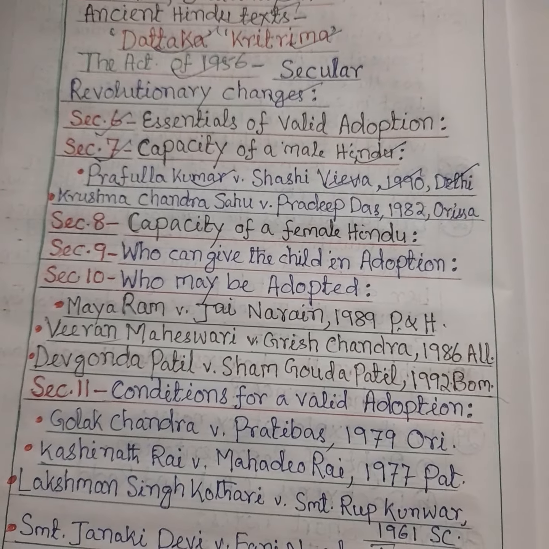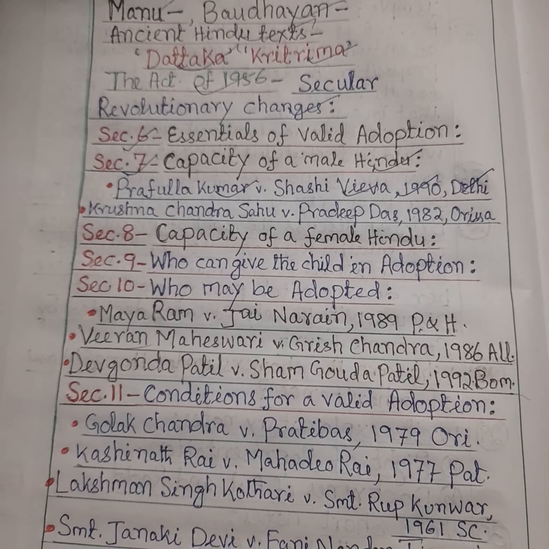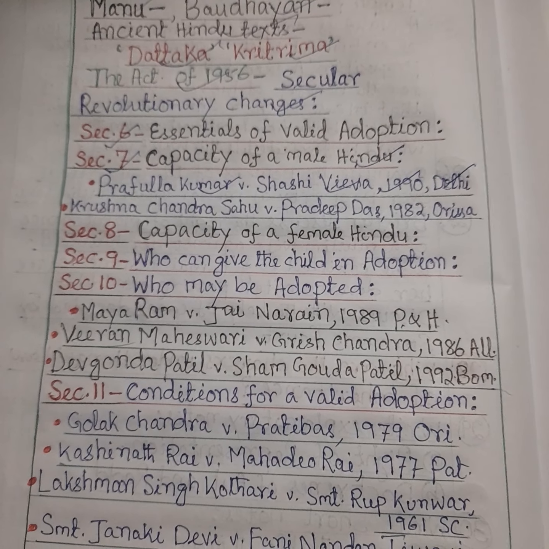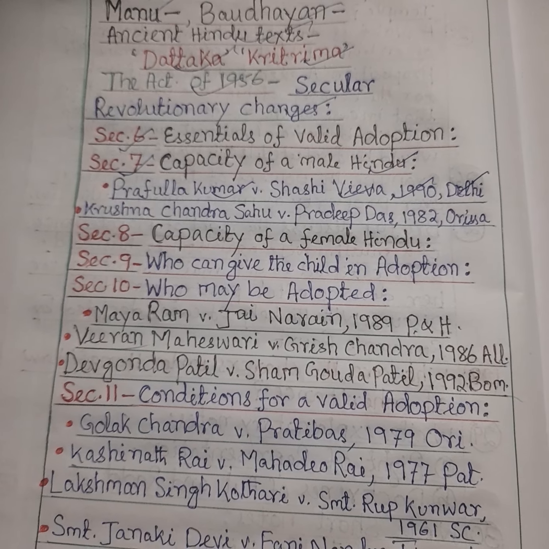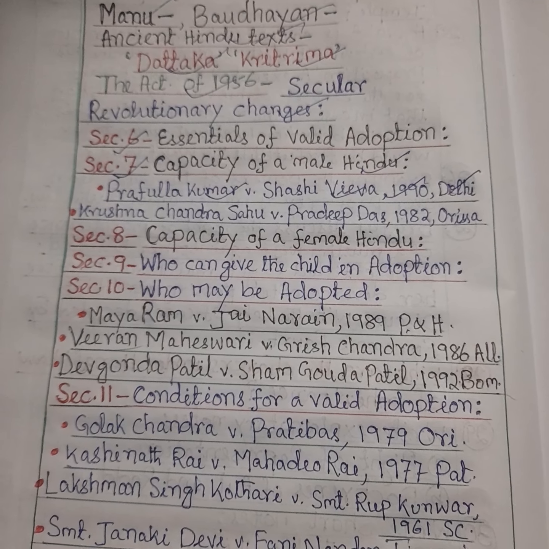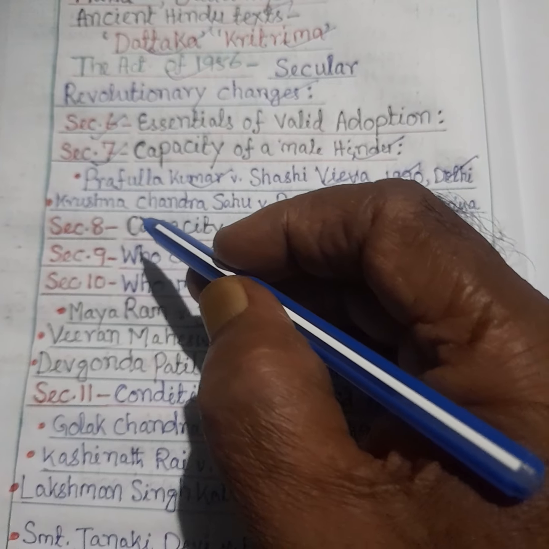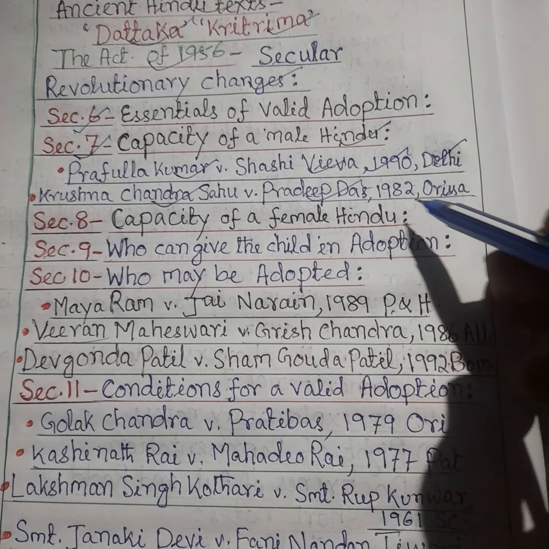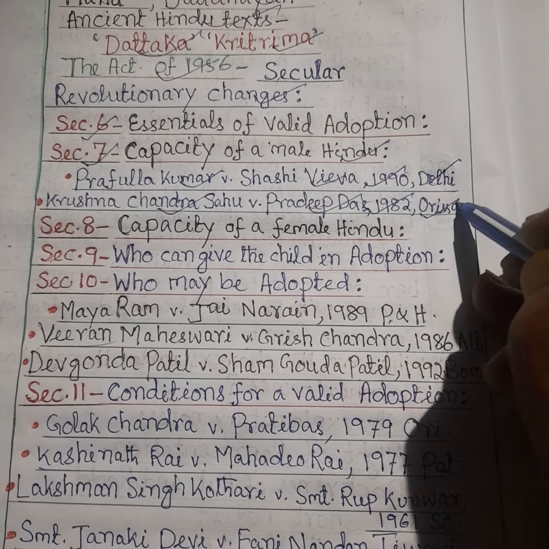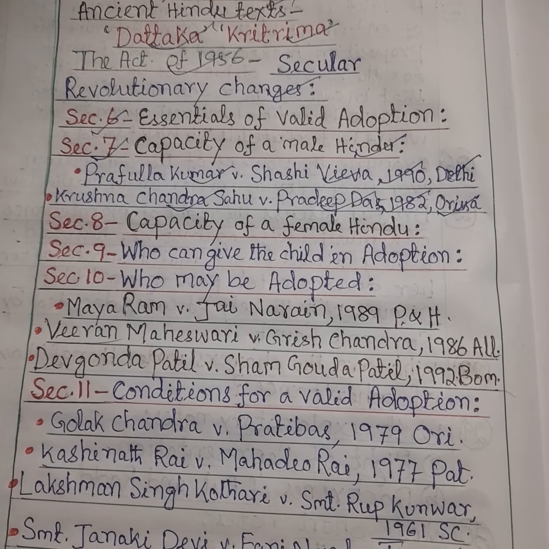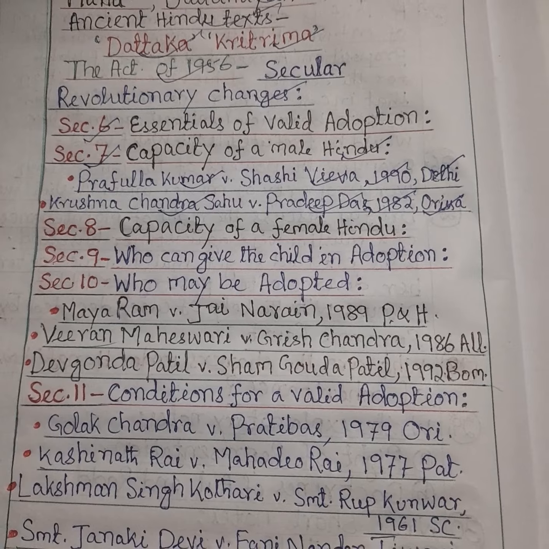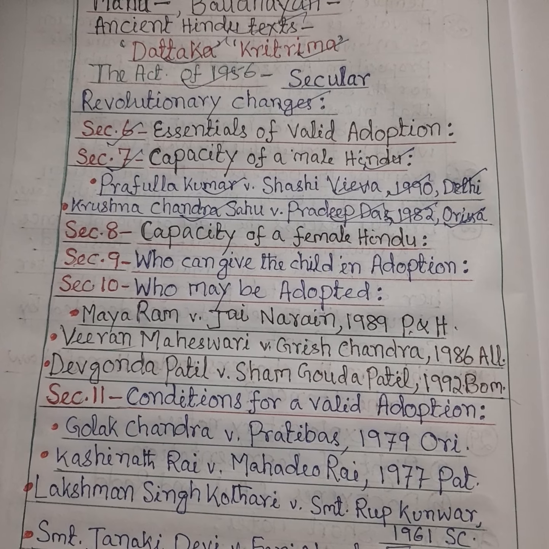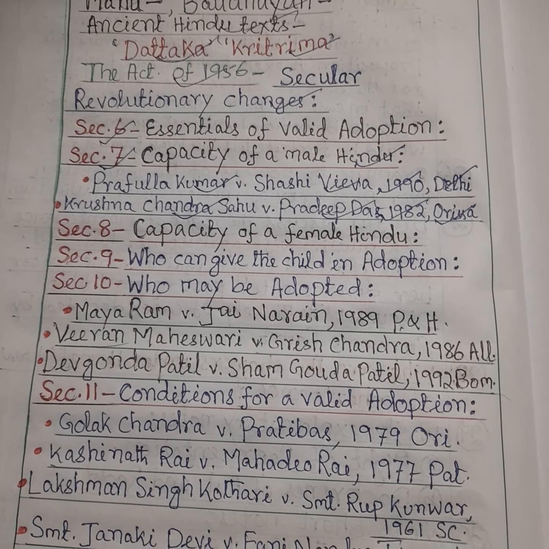The Delhi High Court expressed that the wife's participation in the ceremony of adoption would be considered a presumption of her consent. Now we discuss the second leading case, Krishna Chandra Sahu versus Pradeep Das, 1982, in which the Odisha High Court expressed that without the consent of the wife, the adoption is null and void.